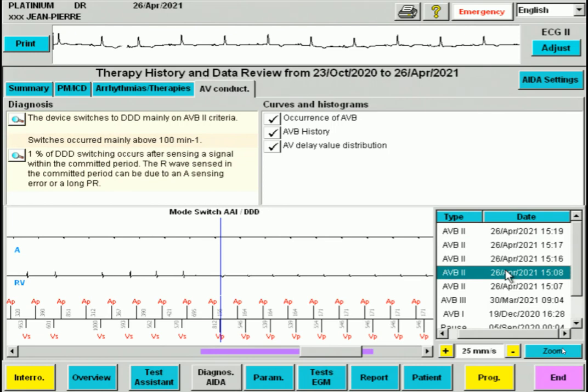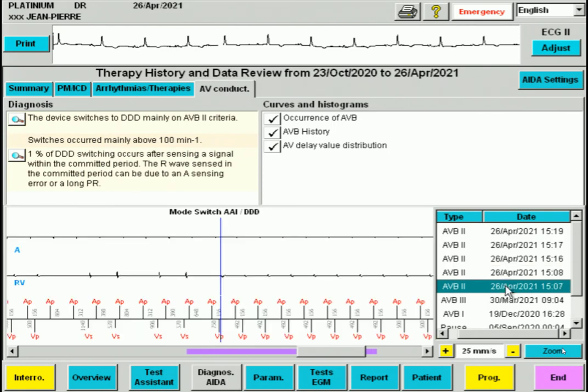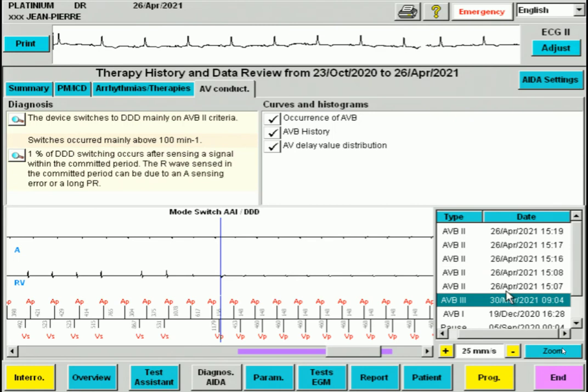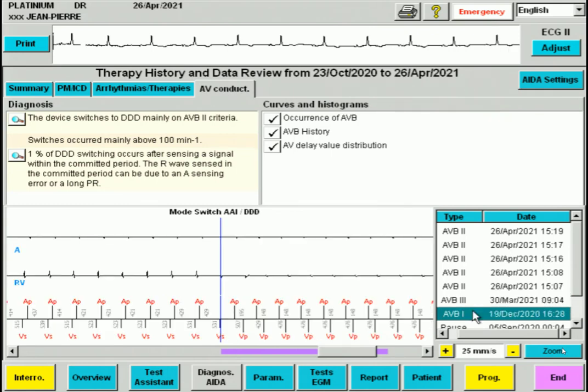Here we see other episodes with the Wenkebeck phenomenon. Same here, but labeled AVB3 since it registered 2 consecutive blocked Ps, the second actually being functionally undersensed. Here an AVB1 episode, where indeed the PR interval exceeds the programmed limit.